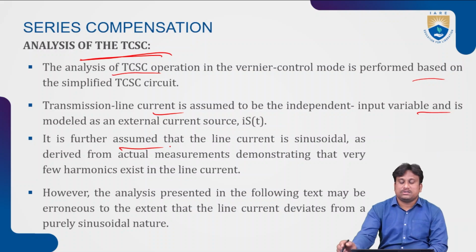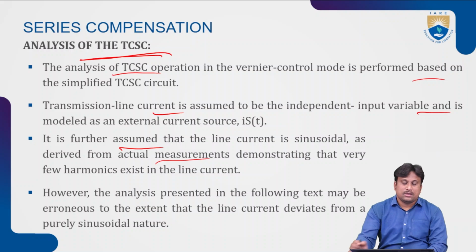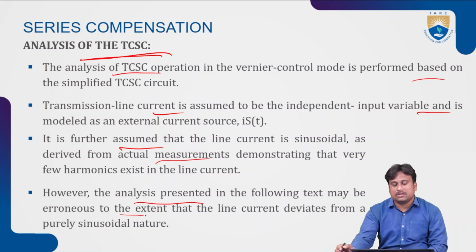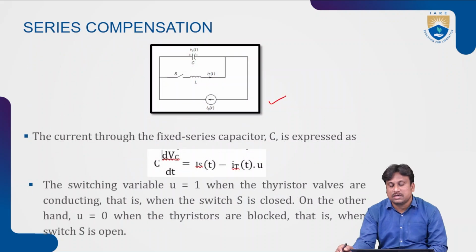It is further assumed that the line current is sinusoidal, as derived from actual measurements showing that very few harmonics exist in the line current. However, the analysis presented may be erroneous to the extent that the line current deviates from purely sinusoidal. This is the diagram of how series compensation is done.